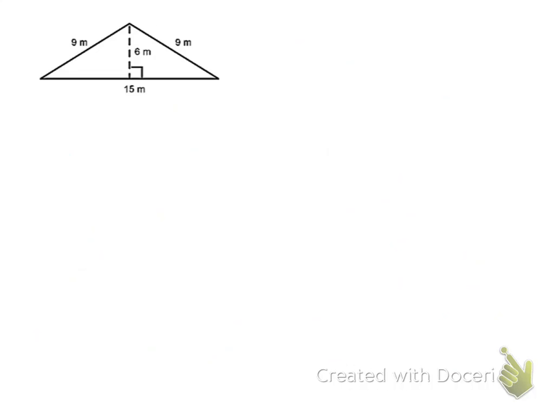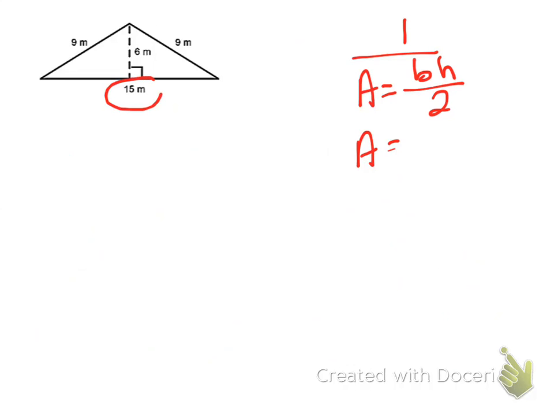Alright, so again, I'm going to show you my two options. So A is equal to base times height divided by 2. So when I'm looking here, I have my A is equal to my base, which is going to be with the perpendicular line, so that's going to give me 15. And then I have my height, which is right there, of 6.